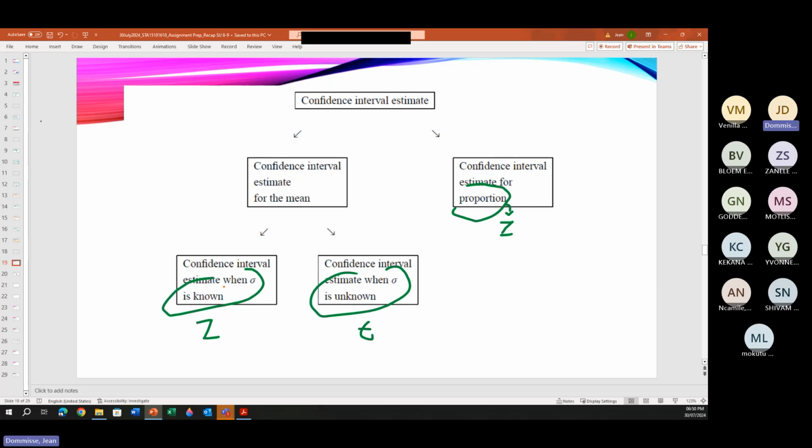If your standard deviation is known, you use a Z. When your standard deviation is unknown, you use a T. And if it is a confidence interval around the proportion, you will always use a Z. So they can say population proportion, sample proportion, anything, it doesn't matter. If it is proportion, you use a Z.